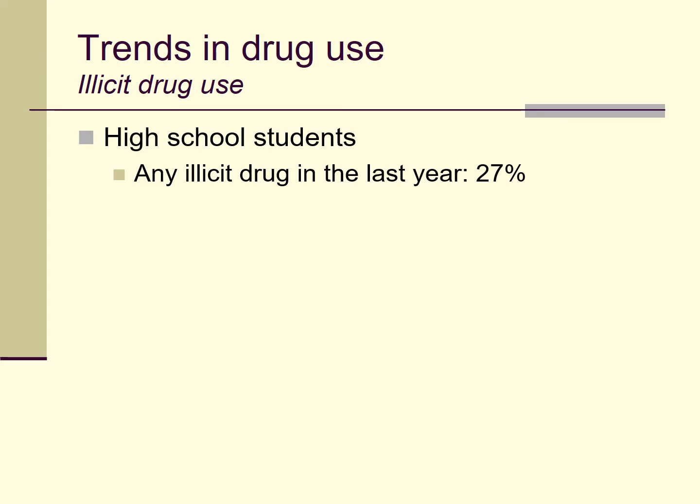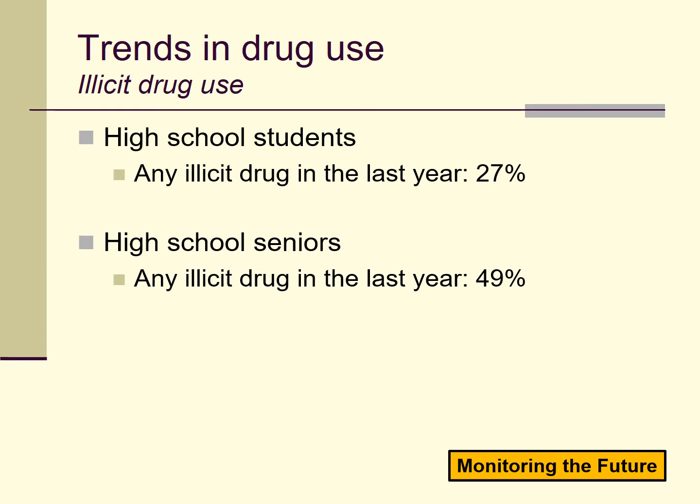So, a little more than a quarter of high school students, if we average across all of the different ages from 8th, 10th, and 12th grade, about 1 in 4 students will have used an illegal drug within the last year, or at least that's what they'll tell us. If we look at just the high school seniors, that rate gets up to about 50%, or 1 in 2 high school seniors will have reported using an illegal drug at least once within the last year.